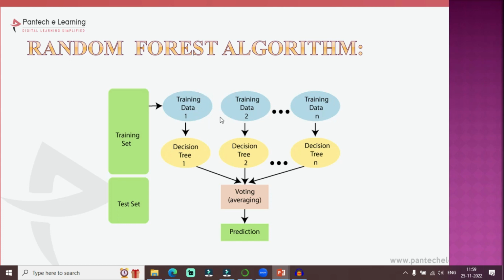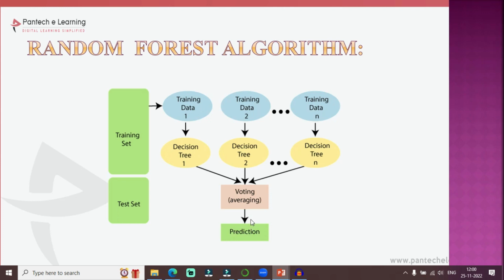Whenever I am giving training data samples, data 1, data 2, up to data n, this is my training set and this is my testing set. Based on different types of ensemble techniques, voting techniques and averaging techniques, finally I am going to get the prediction result.